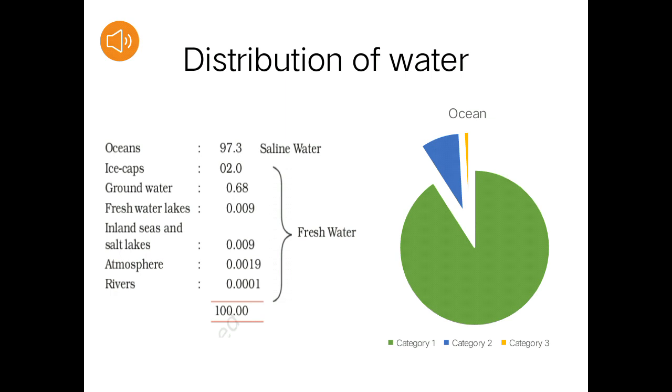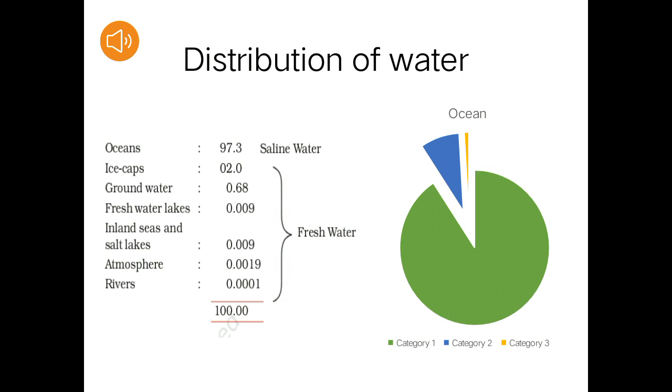Let's understand it through this pie chart. As you see, the green part of the chart shows the water that is found in the ocean, and this water is saline water. It covers 97.3% of water. The blue part shows the water that is found in glaciers in the form of ice.